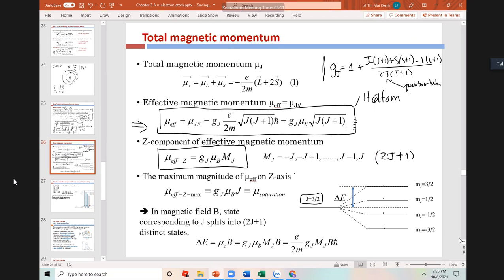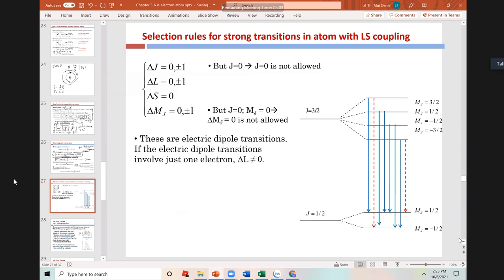In order to consider the transition of electrons between these energy levels, you need to consider the selection rule, another selection rule for the many electron atom. With the accounting of the spin orbit coupling, the magnetic model of the atom can be applied.